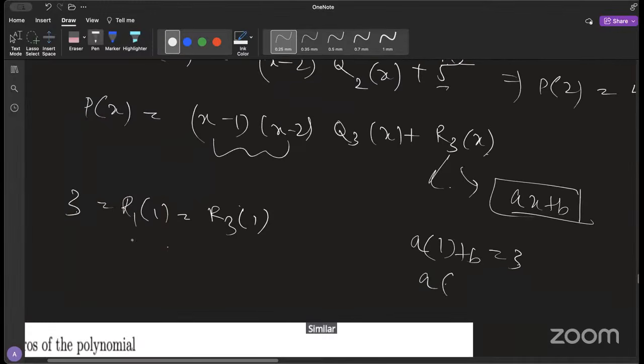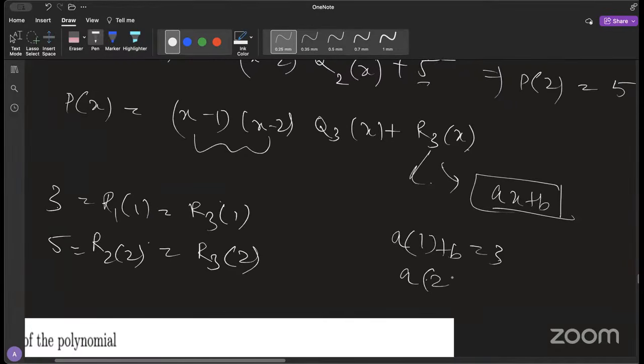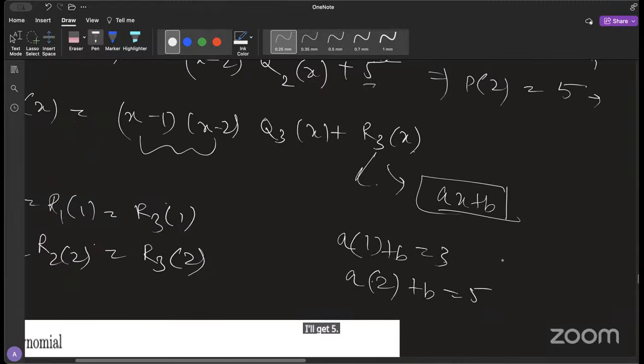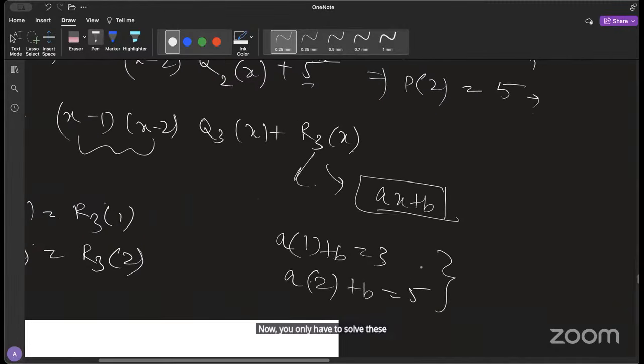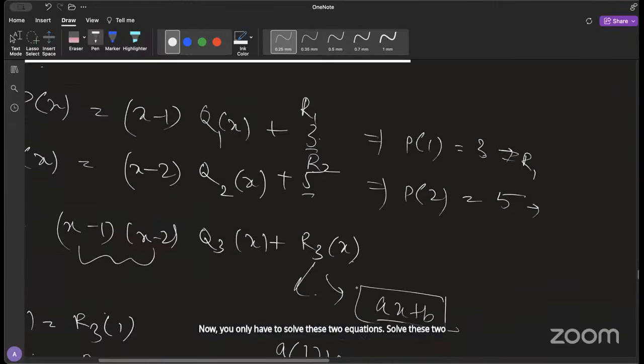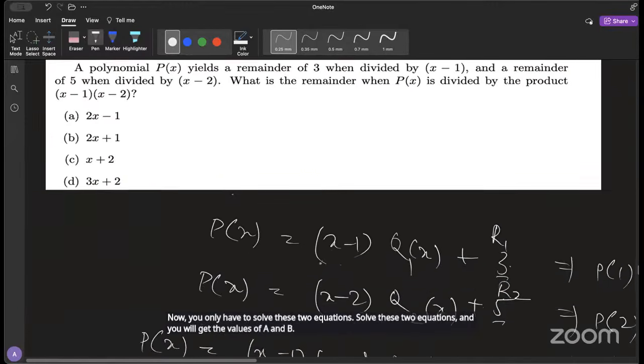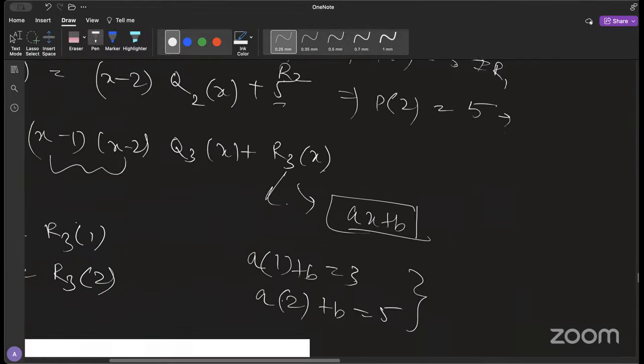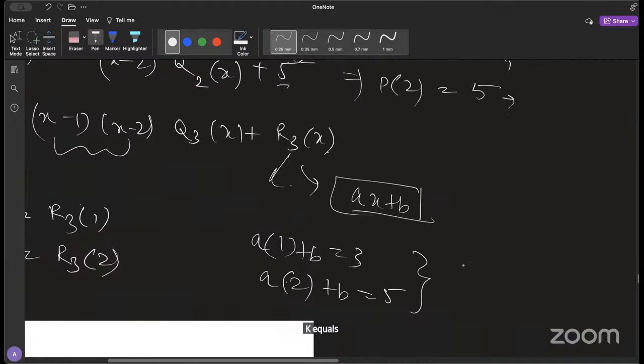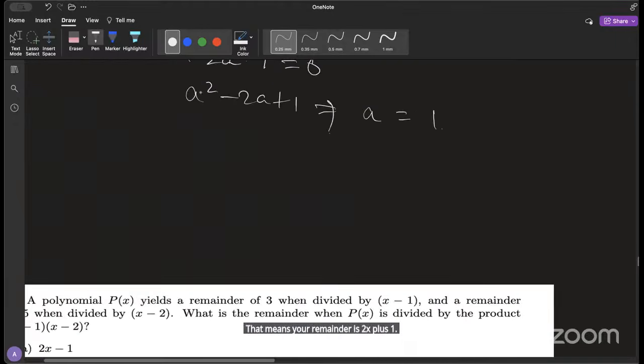Similarly, if I put 2 here, I'll get 5. Now you only have to solve these two equations and you'll get the values of A and B. What do we get? A equals 2 and B equals 1. That means your remainder is 2x plus 1.